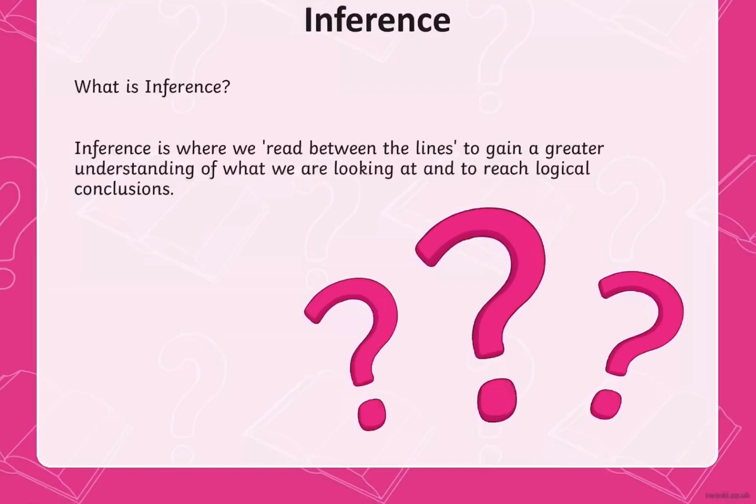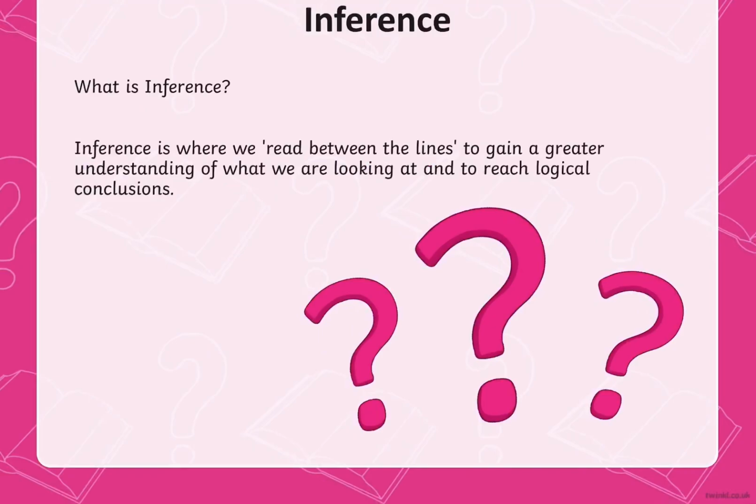Inference is where we read between the lines to gain a greater understanding of what we are looking at and to reach logical conclusions. You are using your existing knowledge and understanding about the world and how things work and how people behave to draw conclusions. When we read between the lines, it's not explicitly said in the text.